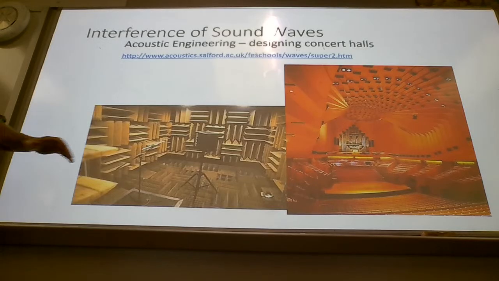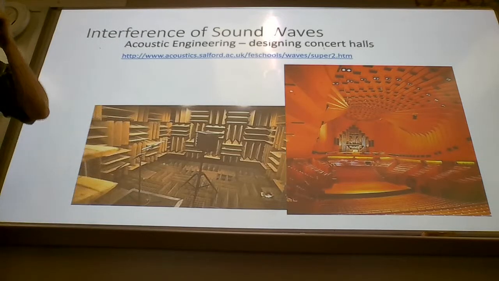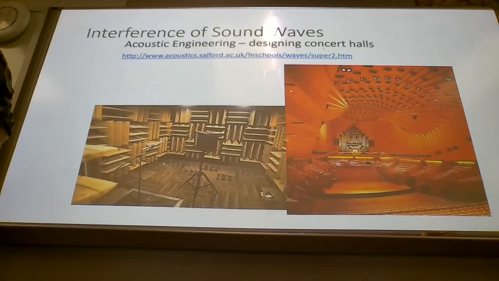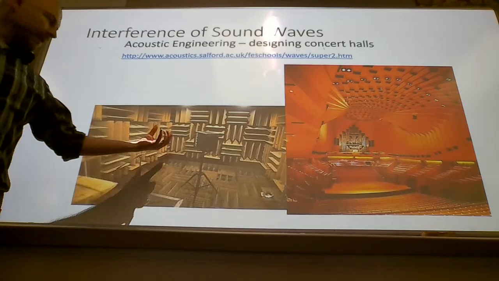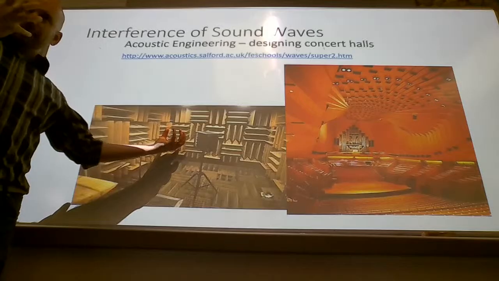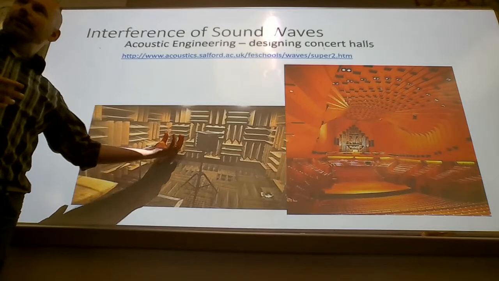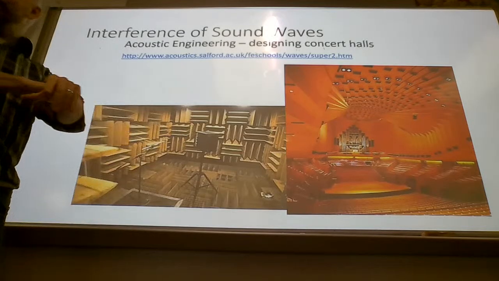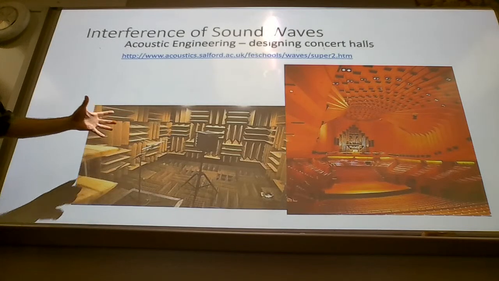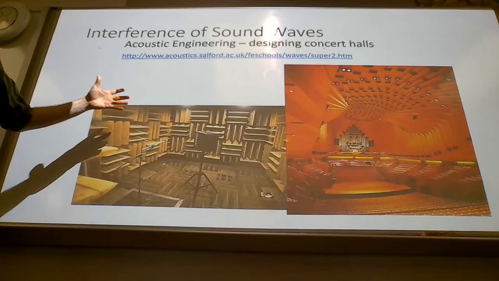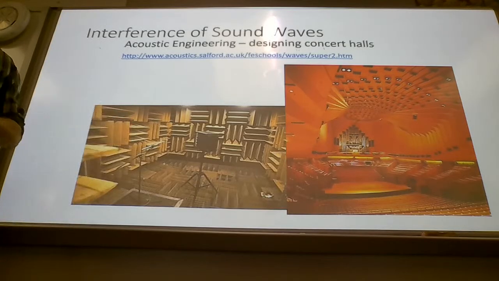So in a recording studio, you do not want echoes off of the walls. All you want is the source sound into the microphone. You don't need things coming off the walls. So these walls are designed for the sound waves to experience destructive interference.